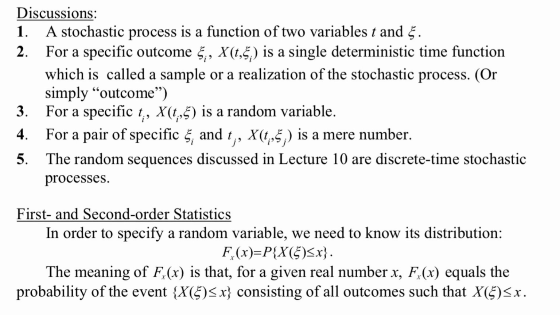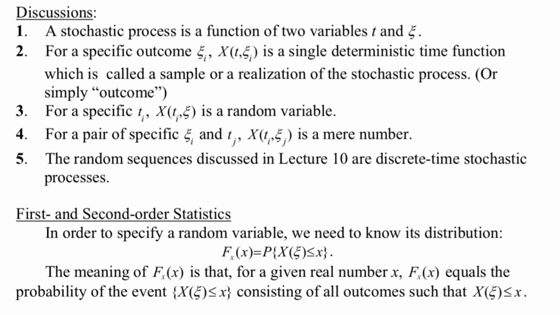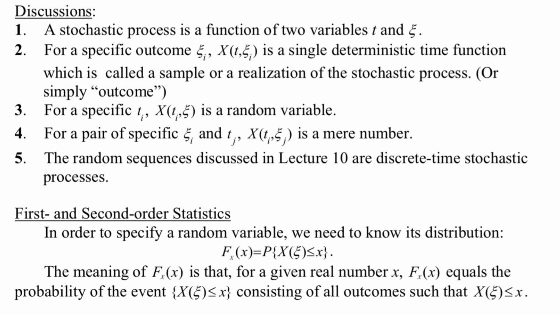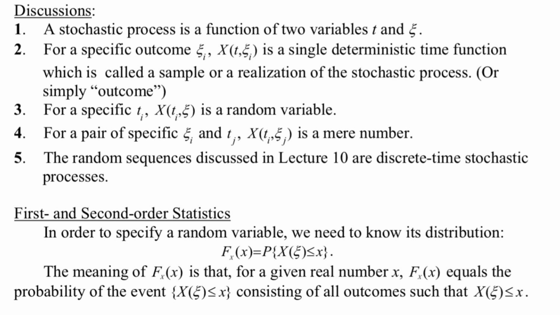For a pair of specific ζ_i and t_j, X(t_j, ζ_i) is a number. The random sequence discussed in lecture 10 describes a discrete time stochastic process, and for first and second order statistics, in order to specify a random variable, we need to know its distribution, F_X(x) equal to P(X smaller or equal to x).